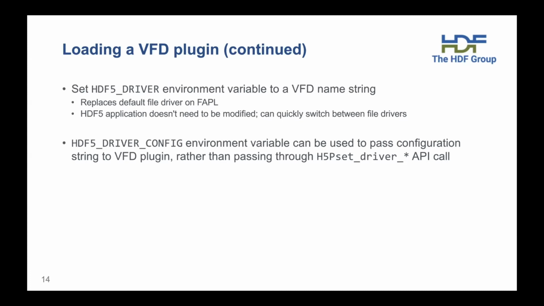All FAPLs that you create will basically just be using your loaded VFD plugin. And by using this environment variable, it makes it easy to switch back and forth between different VFDs for an HDF5 application if you just want to test something. And we also have this HDF5 driver config environment variable that you can use to pass your configuration string to the plugin rather than using the set driver routines.